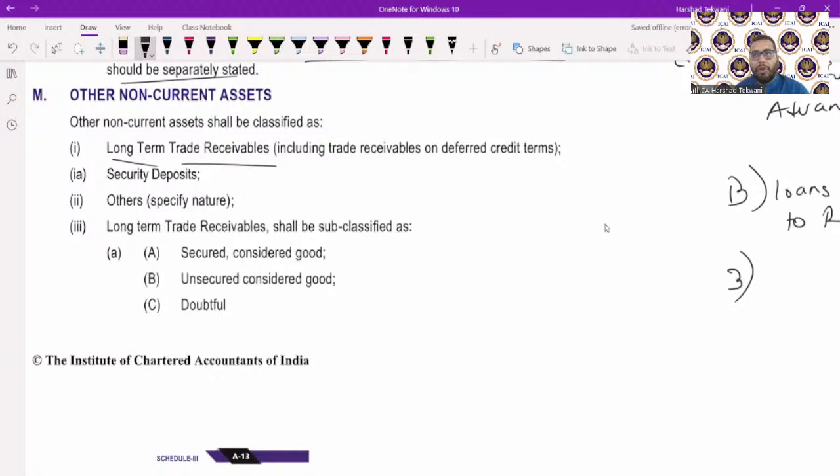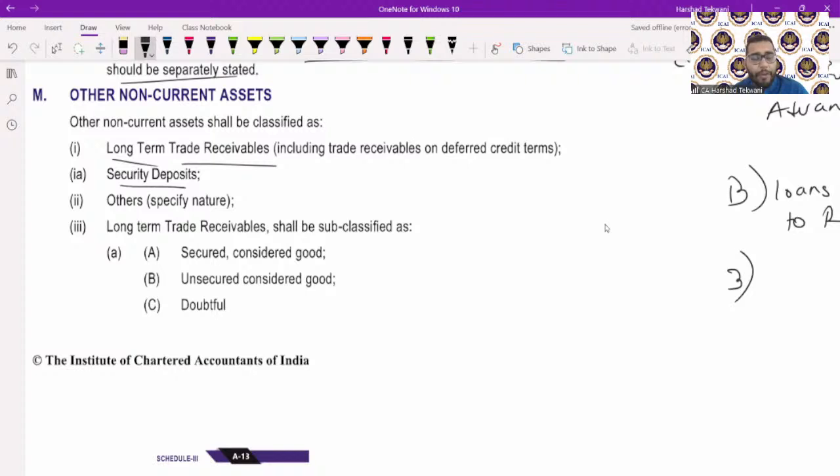It can happen in companies involved in very big projects, infrastructure projects, construction projects, turnkey projects, where they have deferred credit terms. Deferred credit terms means they will be paying the amount after 3 years. You hand over the project, they will use the project, but payment will start after 3 years or 5 years for that particular project. So there are agreements, or terms and conditions. You can consider those as long-term trade receivables.